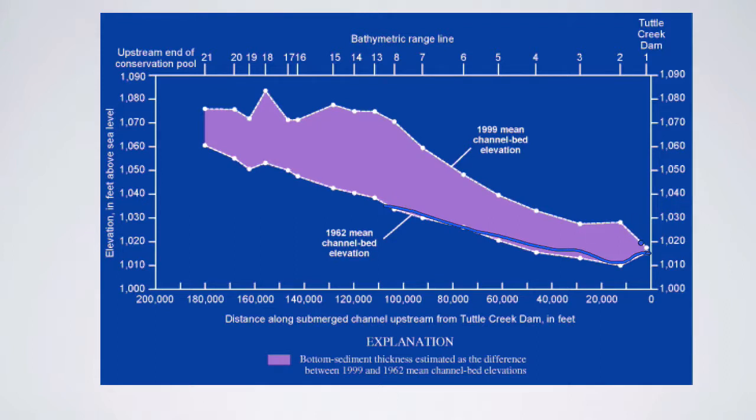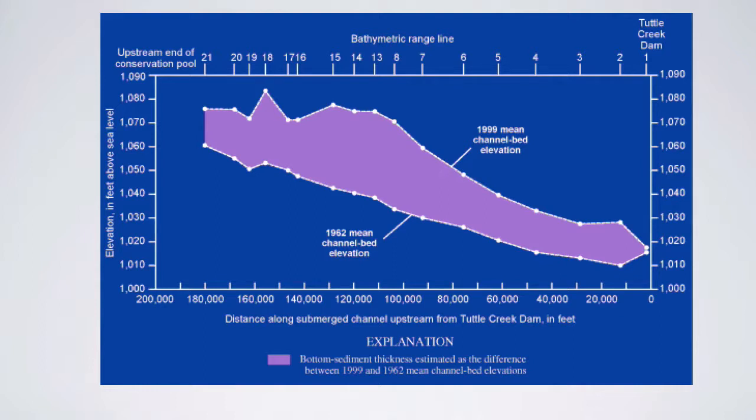In 1999, when they resurveyed it, we had material that had been deposited that had raised the level of the floor of the lake by somewhere on the order of 20 feet, all the way up to 40 feet right here. And you can see a large amount of sediment that normally would have flowed out of that area have been stored, at least temporarily, behind that dam.